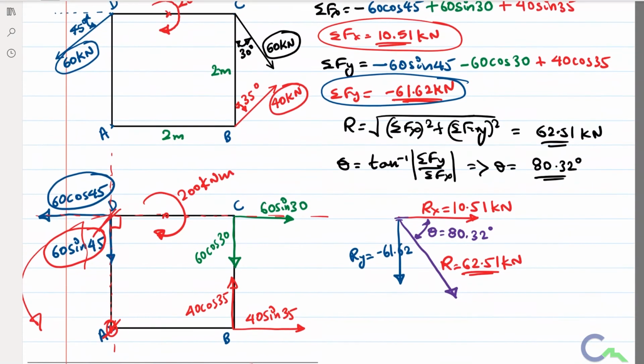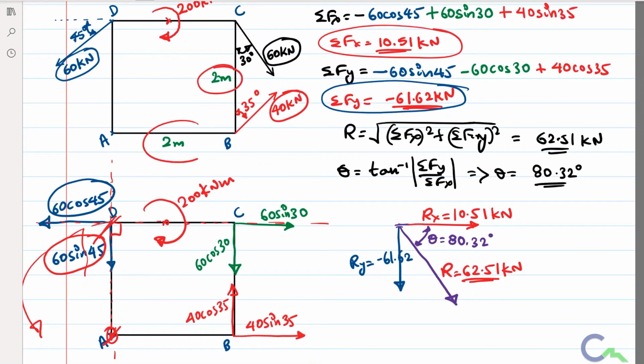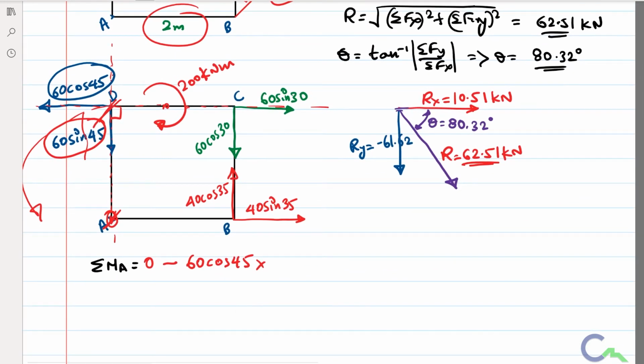In the question they gave both the distances as 2 meter. So this is the moment component of 60 cos 45.